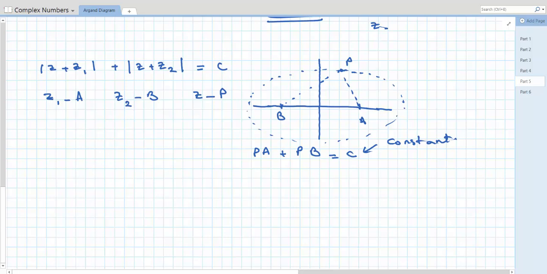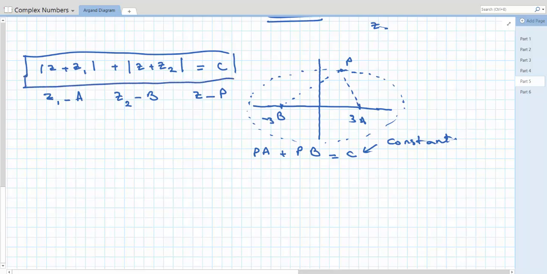Now, if the question's straightforward, then A and B will be on the x-axis, and they'd be equidistant, say 3 and -3. But it doesn't matter. This relationship represents an ellipse.